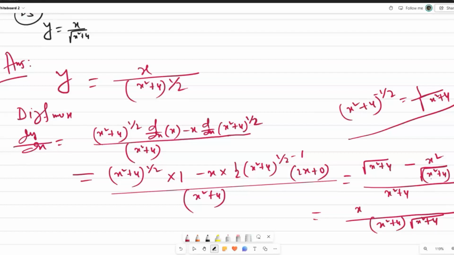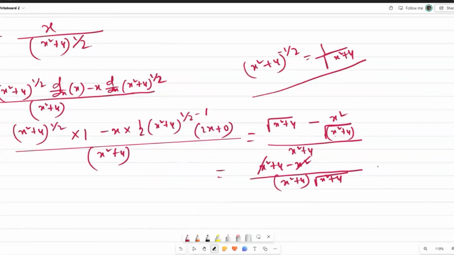If they are multiplied, the result is going to be 4 by 1 plus half, that is 3 by 2. This is the value of the derivative of x by root over x square plus 4 to the power half.